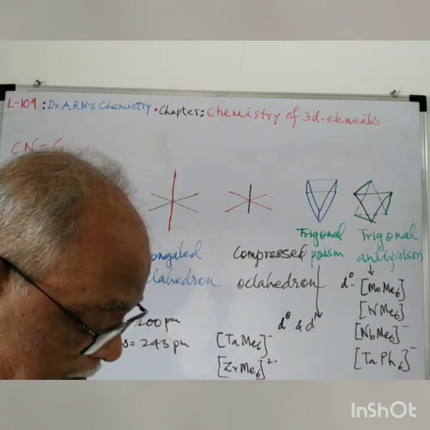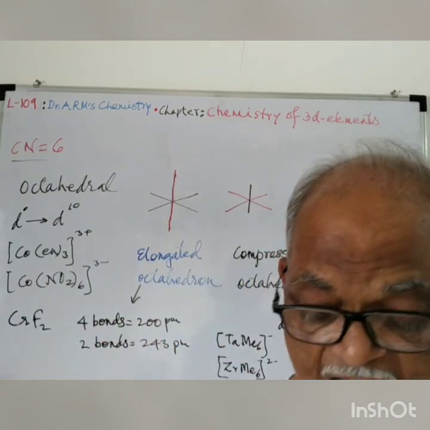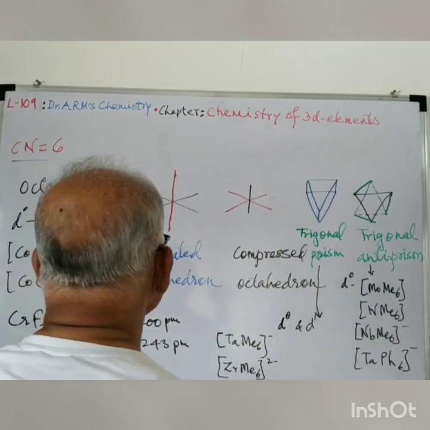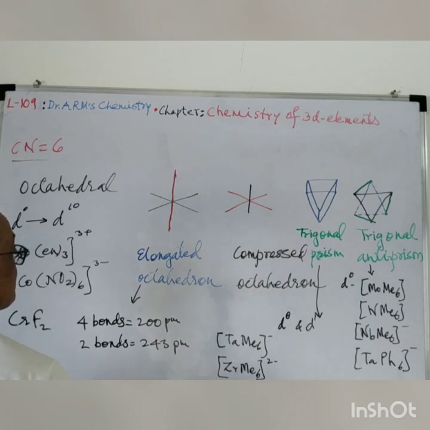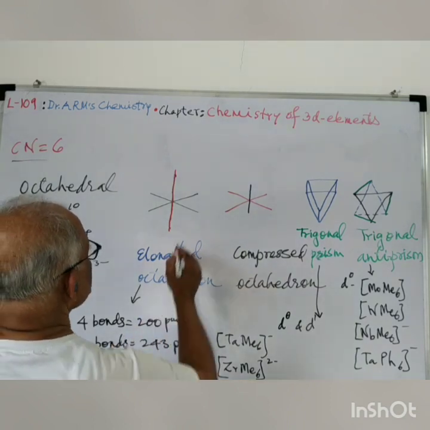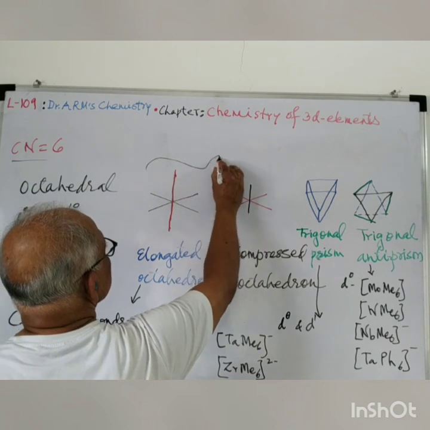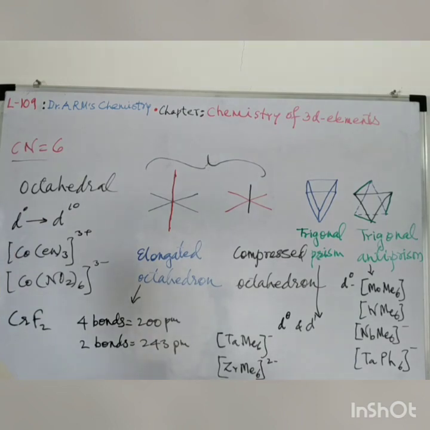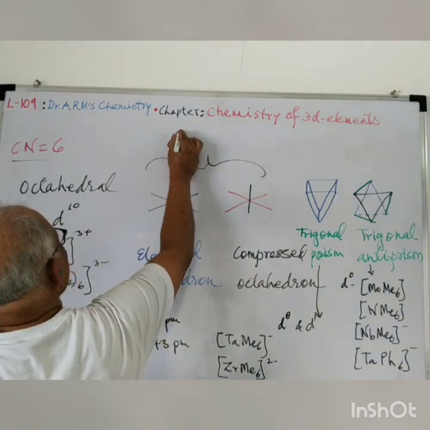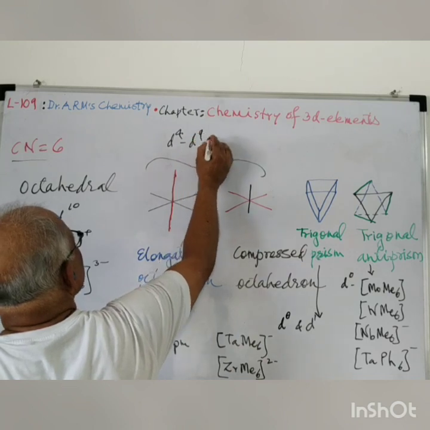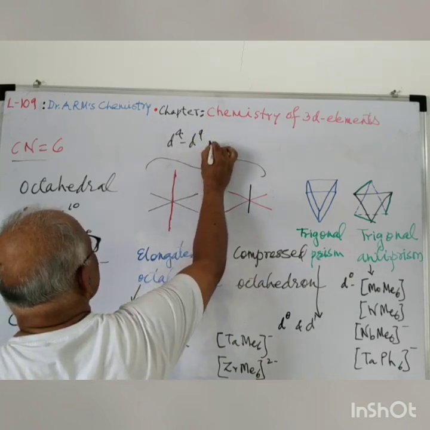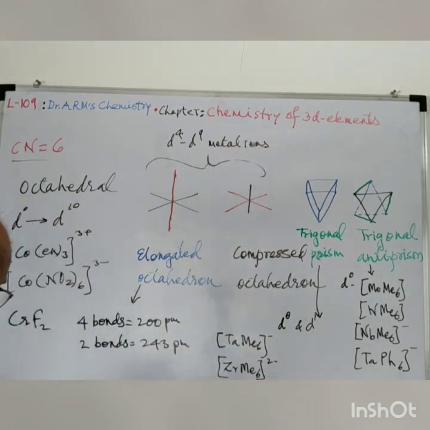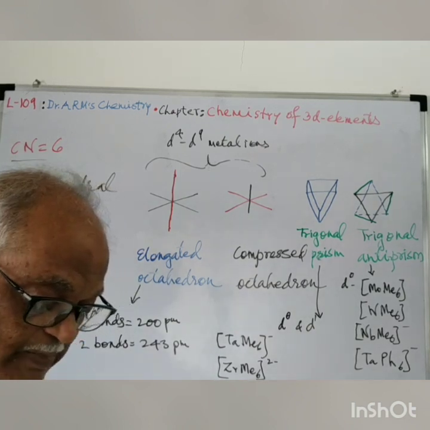Now we will see the complexes which have different structures. Here the d4 and d9 complexes. These complexes are exhibited by d4 and d9 metal ions, but they are elongated or compressed.